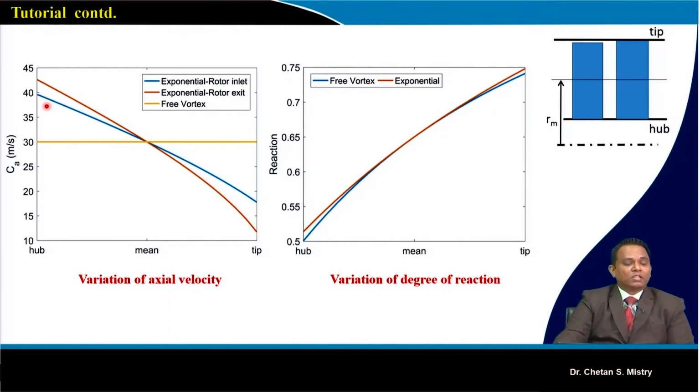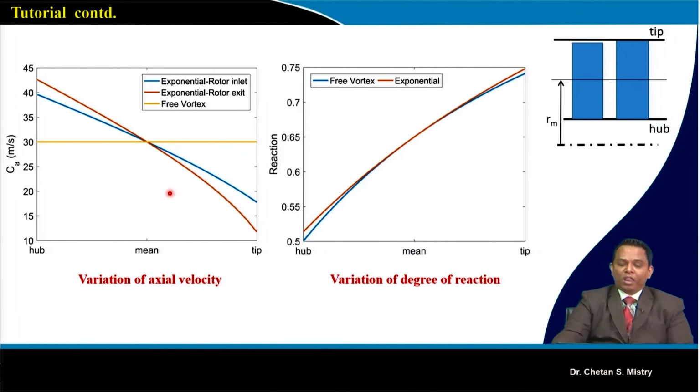This is representing the variation of axial velocity at the entry. You can see from hub to mid section, my axial velocity is going to decrease, and from mid section to tip, my axial velocity is going to increase. But for the exit, I am having larger velocity near the hub, which is going to decrease. In line with that, near the tip region, our axial velocity at the exit is coming to be lower.